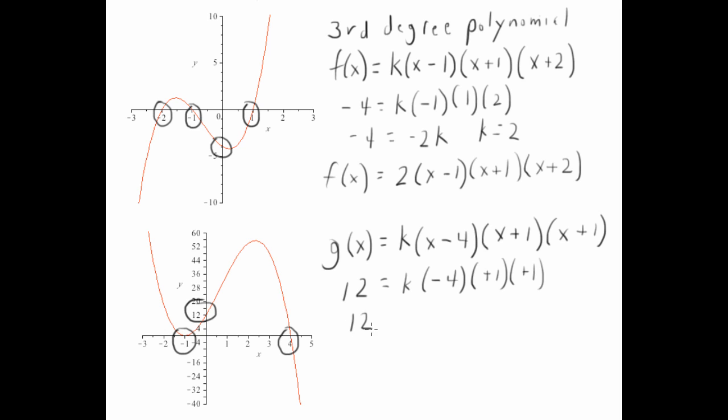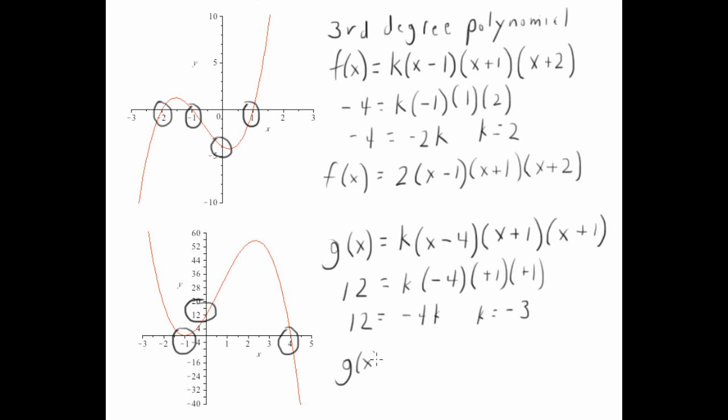So 12 equals negative 4k. k equals negative 3. It is good to see the minus sign there, because remember, your traditional x cubed starts low and then goes high. This starts high and then goes low. So it looks like we flipped it over the x-axis, which is great because we got a minus sign there.